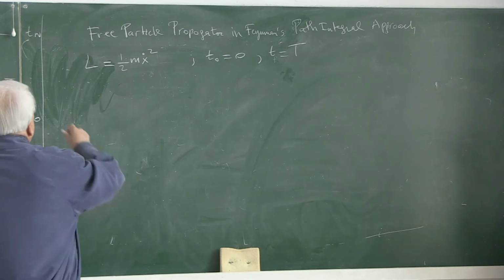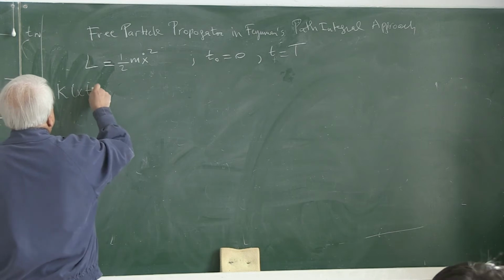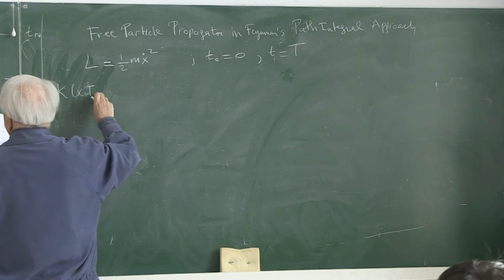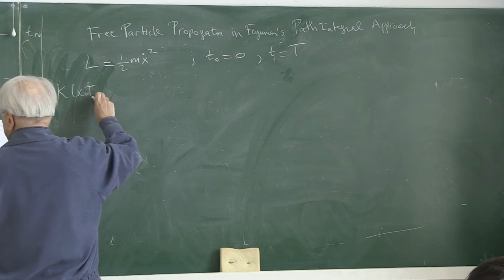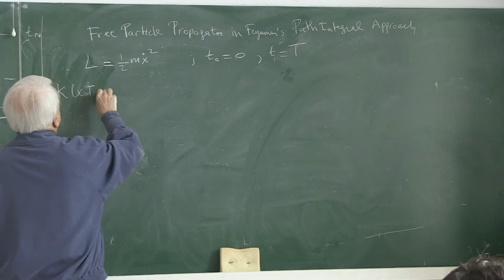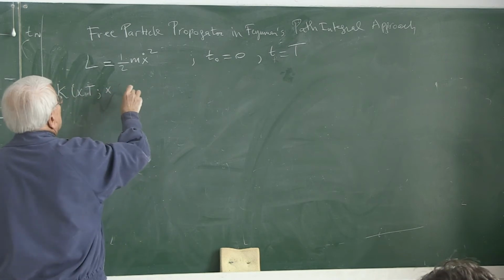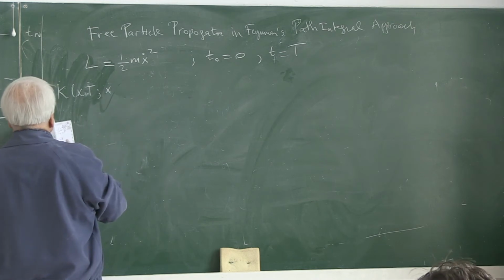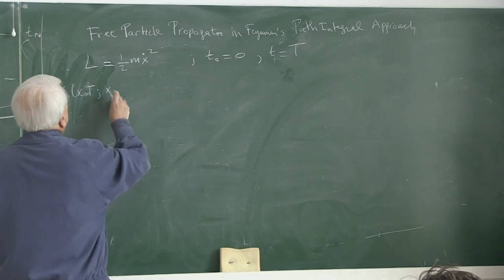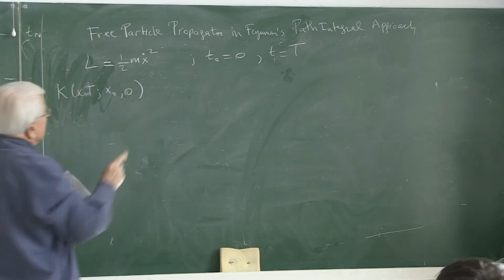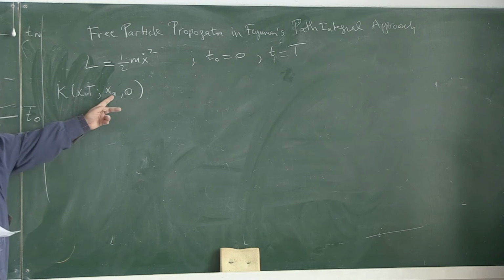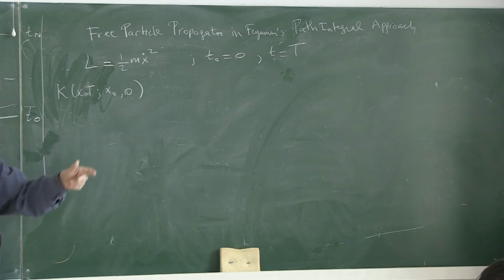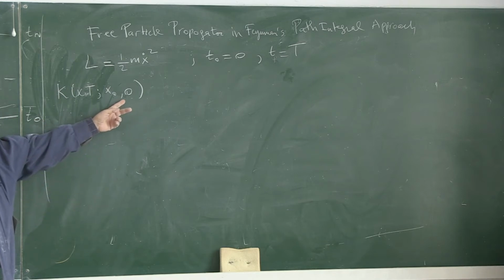So K of x, T, x0, 0. x is the final position, x0 is the initial position, and T is the span of time. It's nice to describe the entire interval with a capital T by choosing the initial time to be 0, okay?